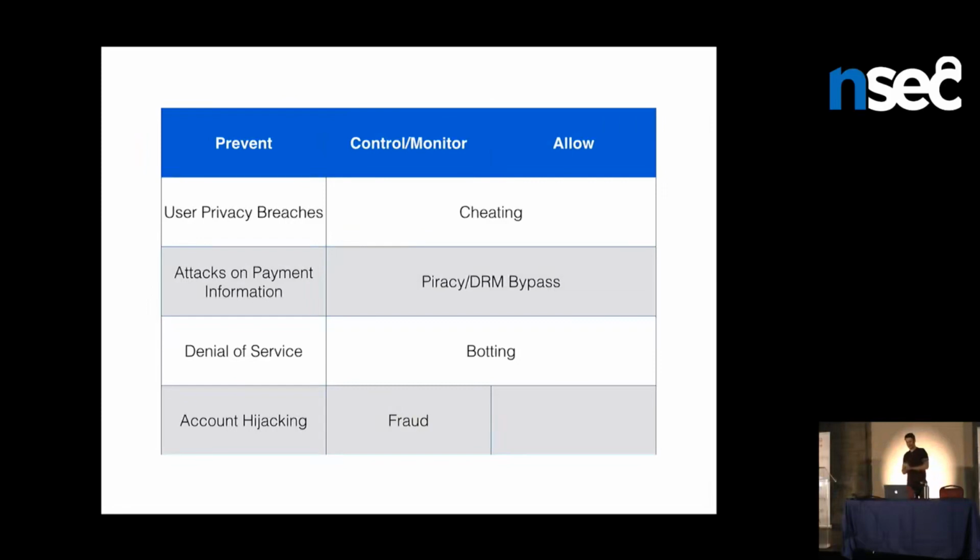This is of course specific to a given business or a given title and set of business risks associated with that title, but we've seen this particular table cover a lot of use cases. So, cheating, piracy, botting, things like that often fall into the control or allow spectrum.